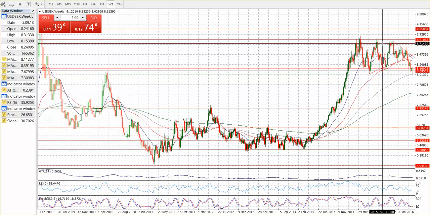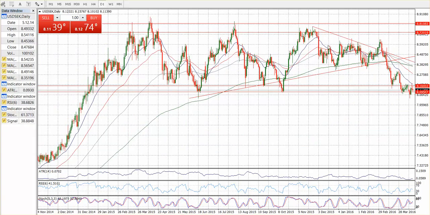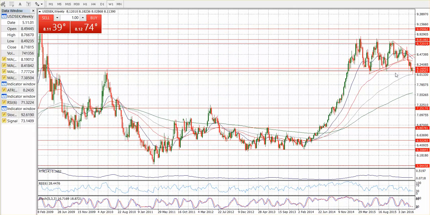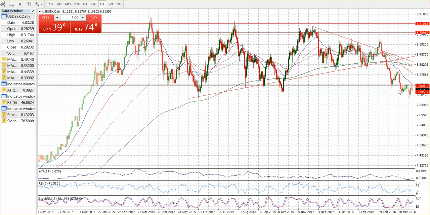So it's not making any higher highs or any higher lows. So at first glance on the daily, it can look like a good trend to take down. But what we have to be careful of on the weekly is actually indicating that it could be about to hit this level of support and go up. So really what we're looking from this trend is to break this level of support and then come back and retest it. So on the daily chart here, this is this level of support here.